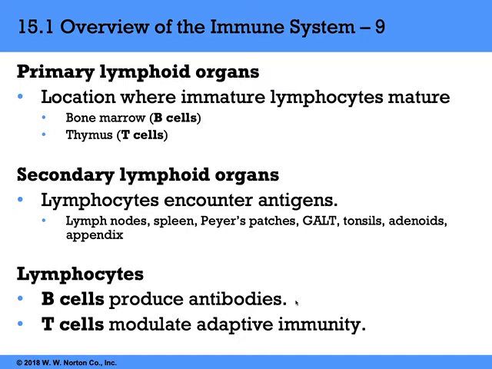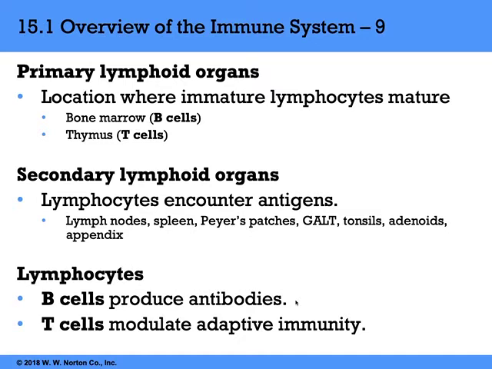Okay, and they just populate those organs and do the job of screening whatever comes past them, right, in order to pick off the pathogen, generate large numbers of white blood cells that recognize that pathogen, and then they can go out and do the work of destroying it wherever it's located, right?